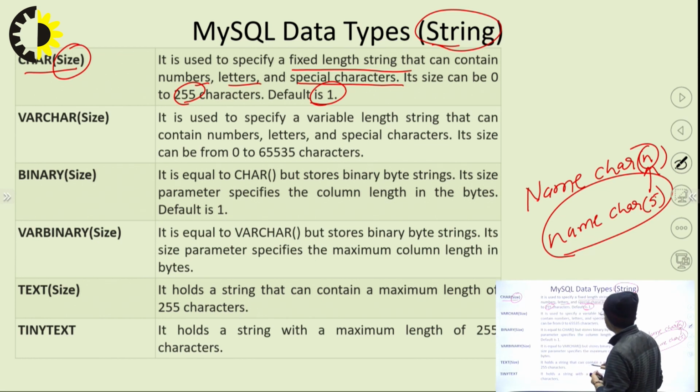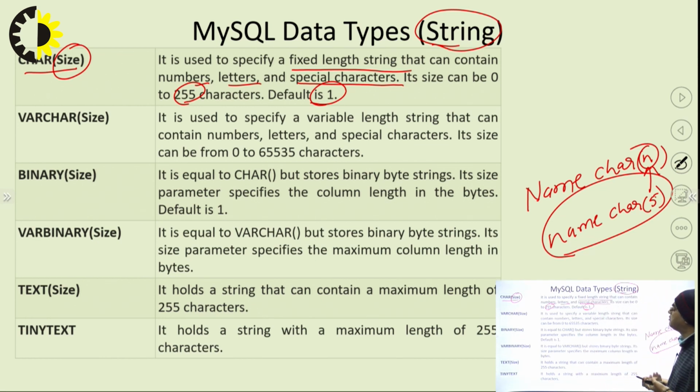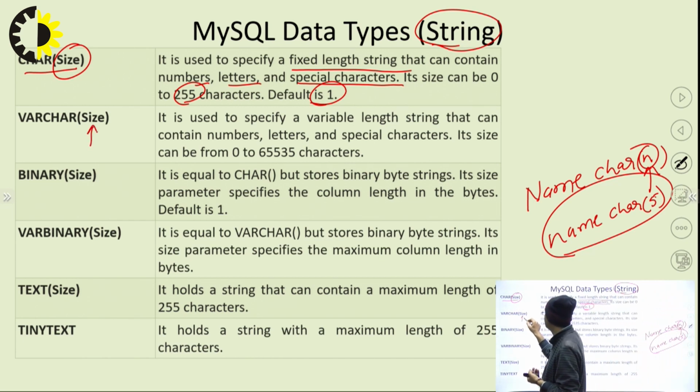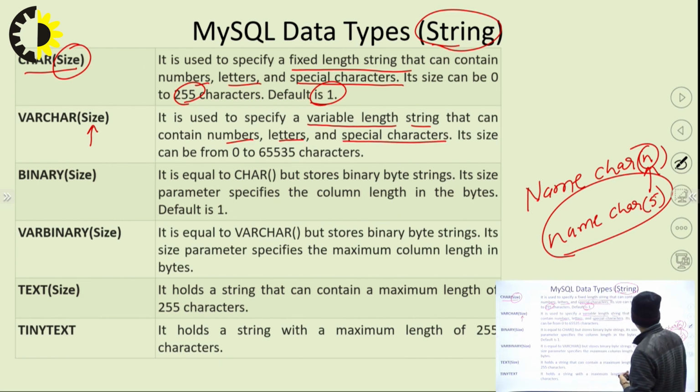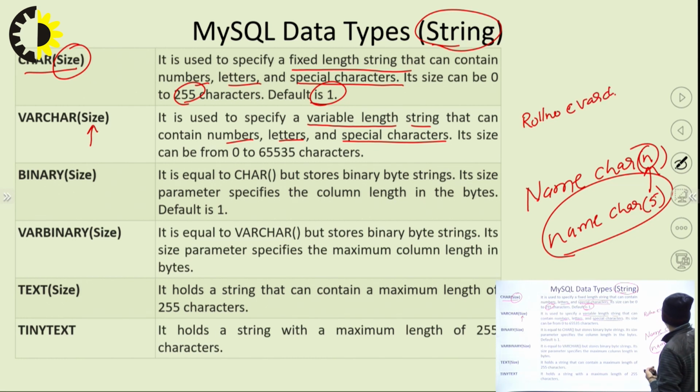That is char. In the same way we can also write varchar, and we have to specify the size, the length of varchar. Varchar is used to specify a variable length string that also contains numbers, letters, and special characters. Let's suppose someone writes roll number here, and then specifies the data type varchar, and then here we write 10.